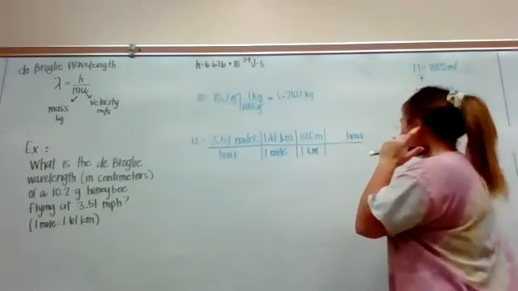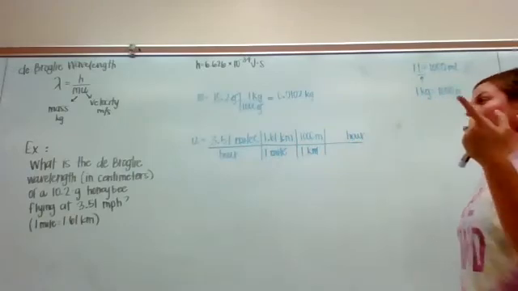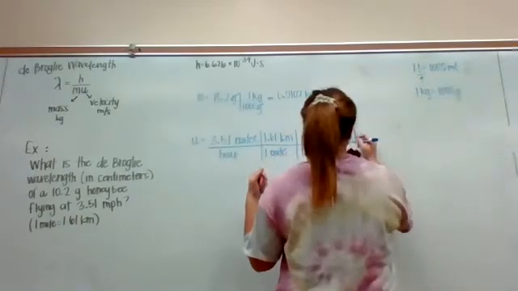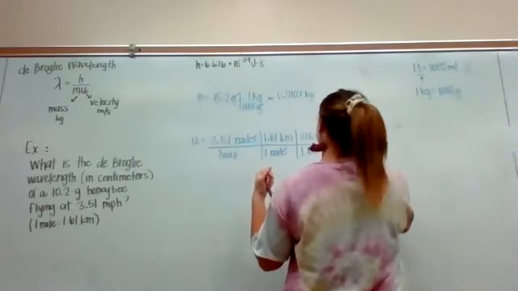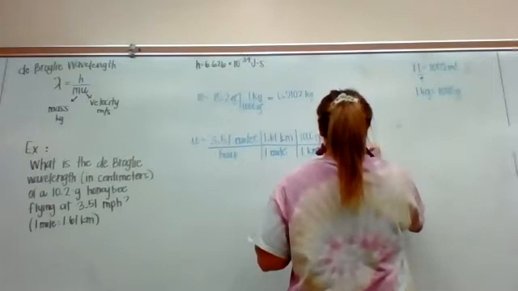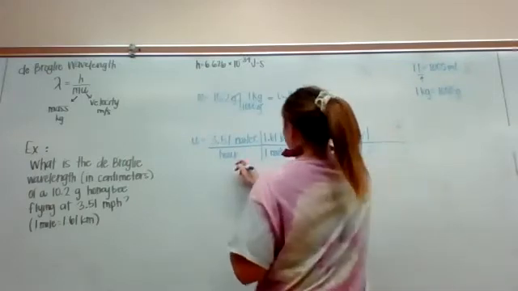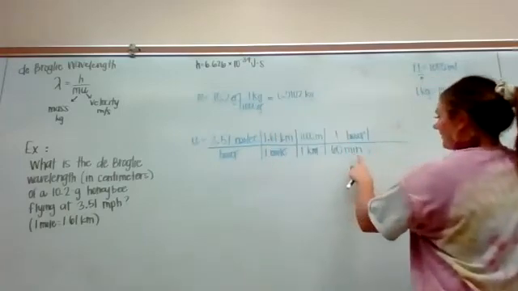If you don't know how many seconds are in an hour, you do know how many minutes are in an hour. 1 hour has how many minutes? Yes, 60 minutes. Okay, and then hours would cancel. So now I have minutes.